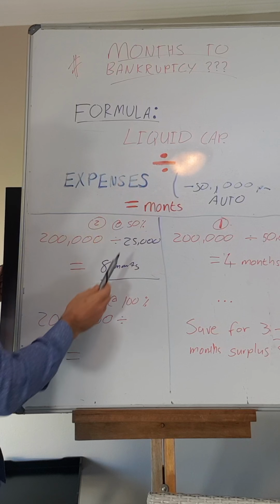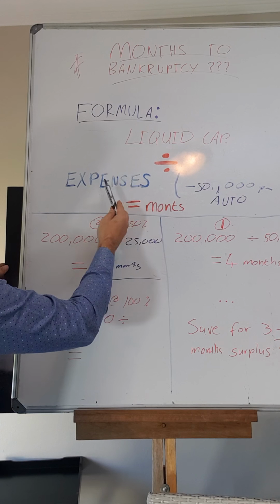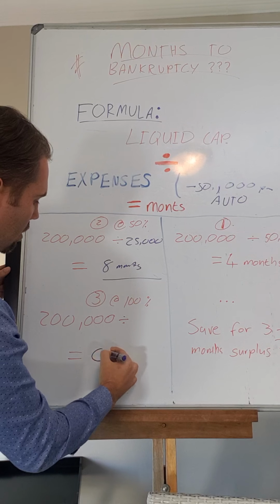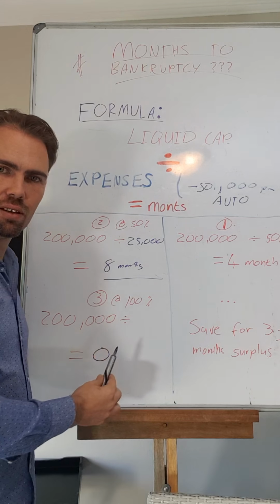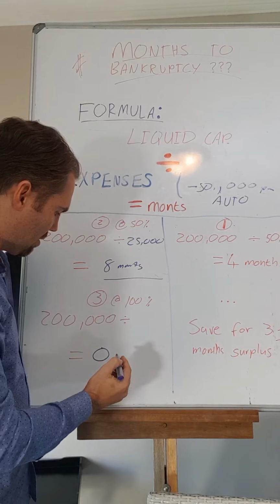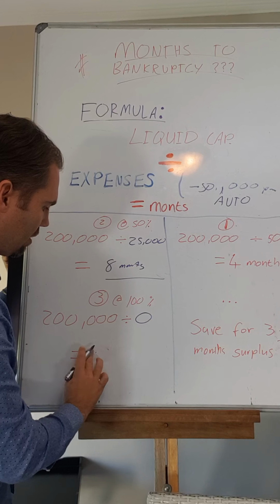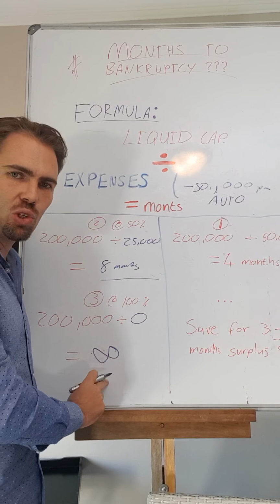I divide my liquid capital over the amount of expenses minus auto income. In this case, it would be a 0. Now, who can tell me what happens if you divide anything over 0? The answer is infinite. Infinite, right? So now my solvency is infinite.